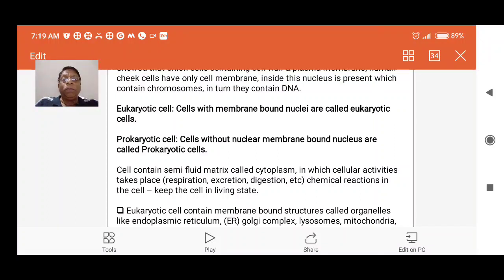So very important points. Plant cells have cell wall and cell membrane, whereas the animal cell consists of only cell membrane. The cell wall is absent.